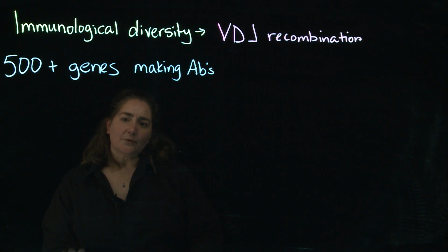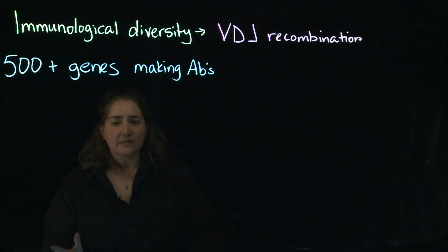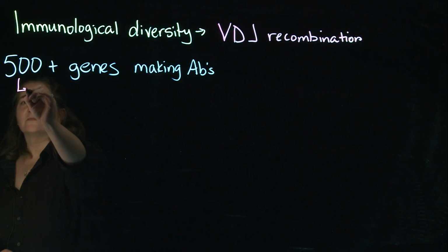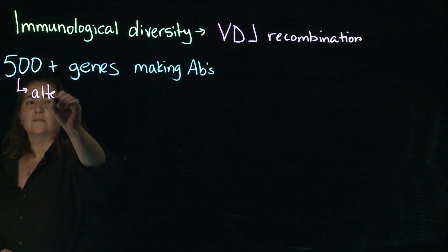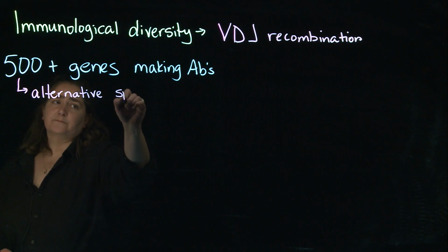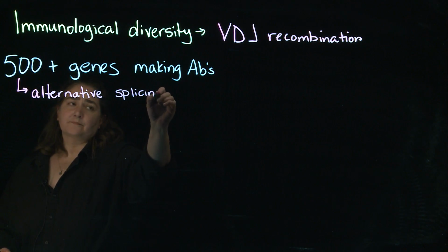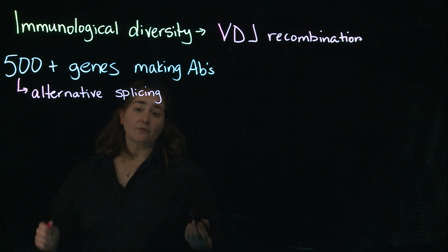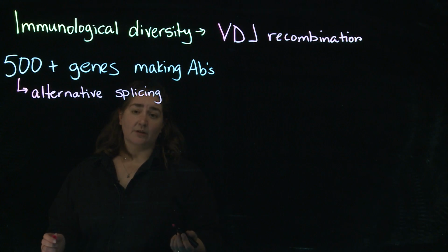What I eventually put together that would have made it a lot simpler for me to understand is that essentially we've got some alternative splicing that's going to occur with generating our antibodies, okay?